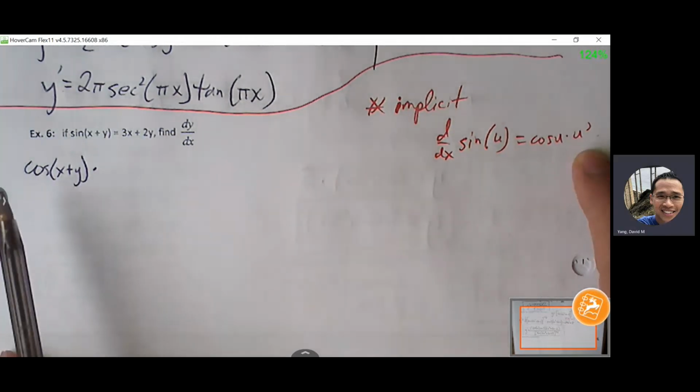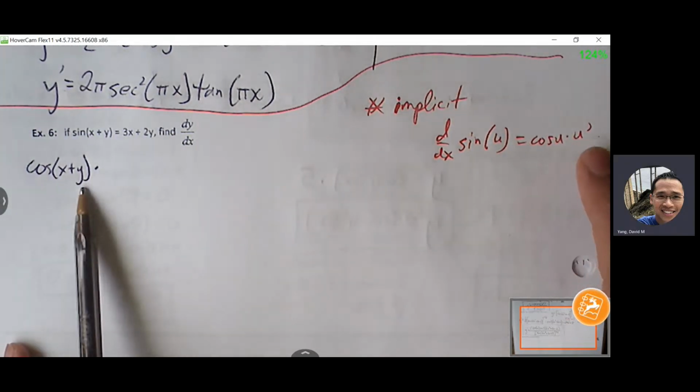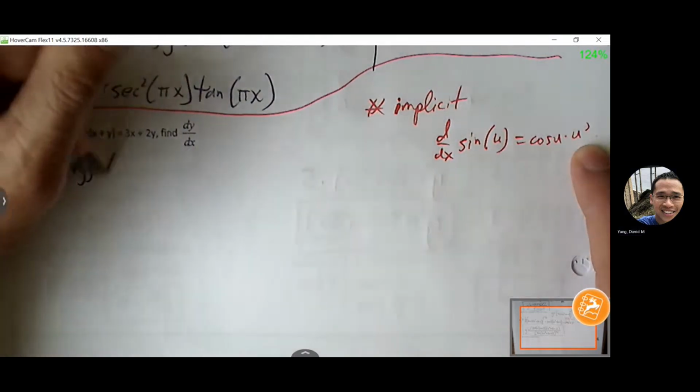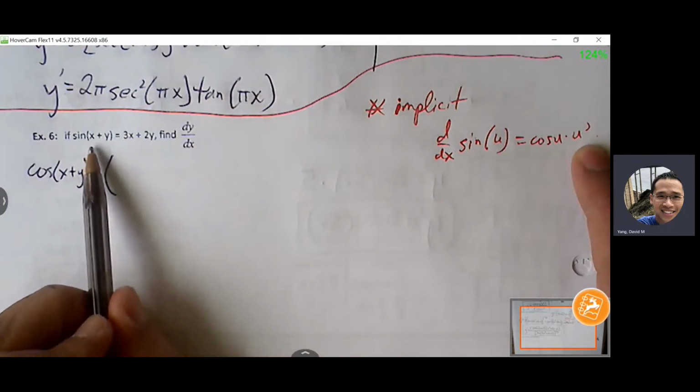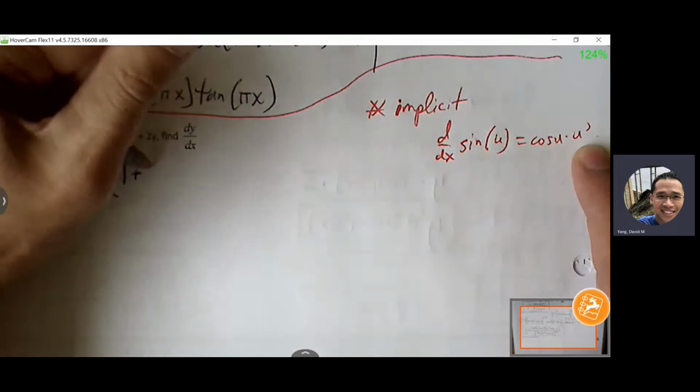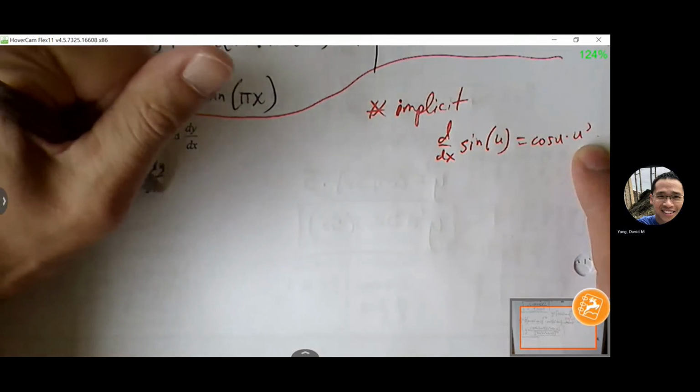Good. So we took care of cosine of u. When we reach u prime, it means I've got to take the full derivative of everything I see inside the parentheses. I explore one term at a time. X becomes 1, and then y becomes dy dx.